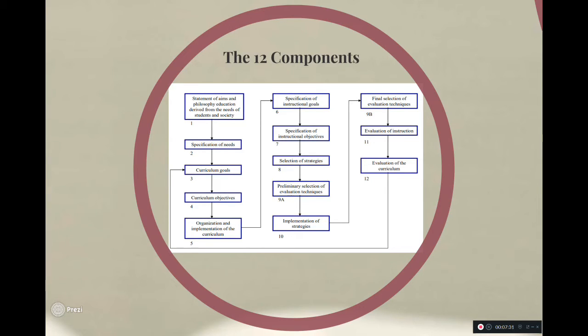3 and 4. These components describe specifying curricular goals and objectives based on the aims, beliefs, and needs specified in components 1 and 2. 5. The tasks of this component are to organize and implement the curriculum and to formulate and establish the structure by which the curriculum will be organized.